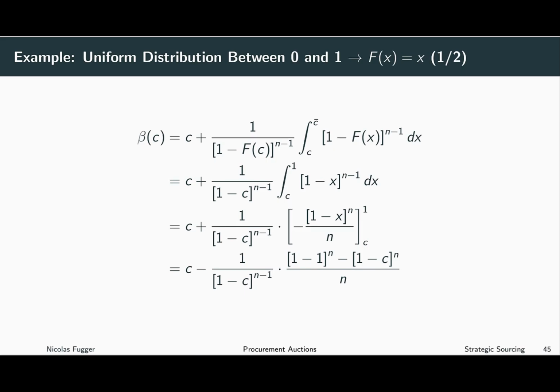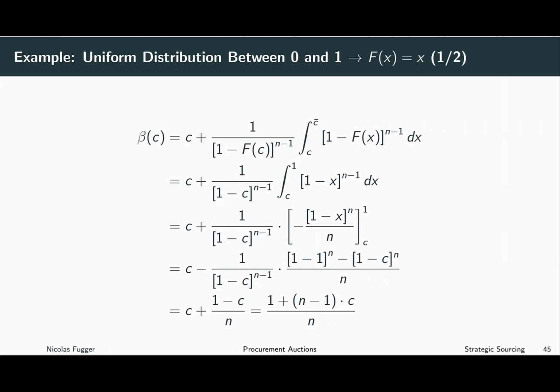In our next step, we first plug in the upper limit 1 for x, and we get (1 minus 1) to the power of n, and then we plug in the lower limit and get (1 minus c) to the power of n divided by n.